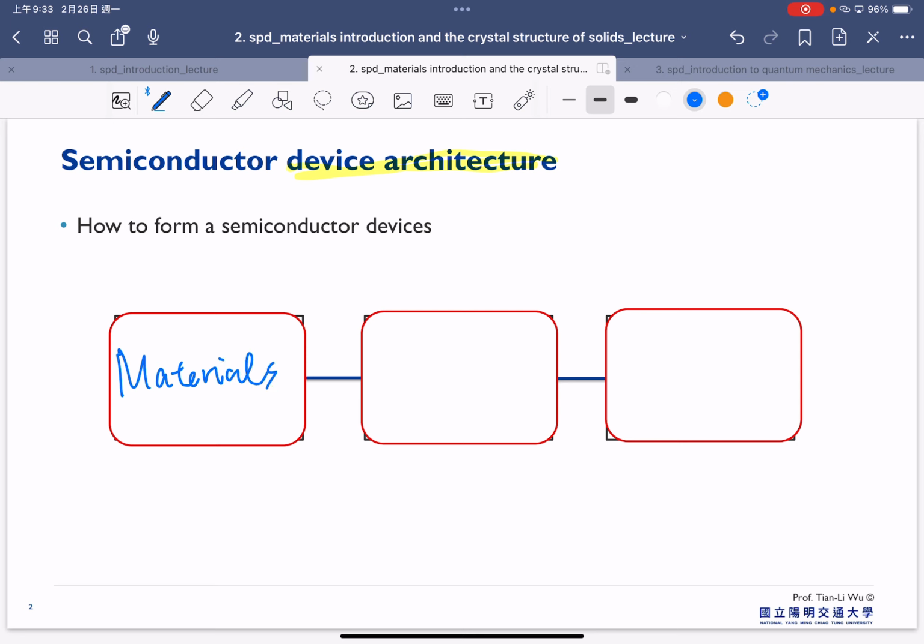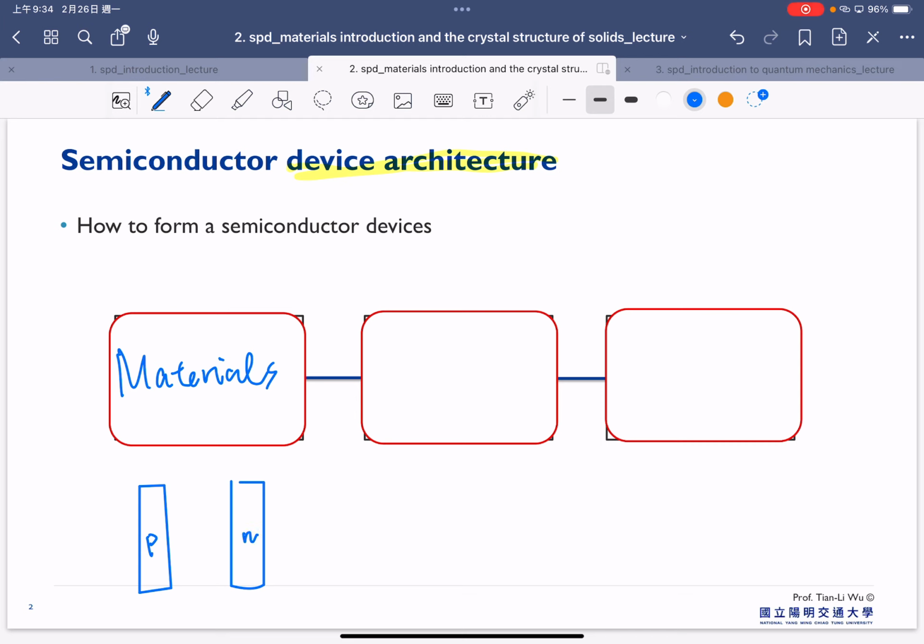In the last class, in the introduction part, we explained that in the future we will talk about the PN junction and PN diode. In terms of the PN junction and PN diode, the materials here mean, for example, two different materials, where one is the P type and another one is the N type.